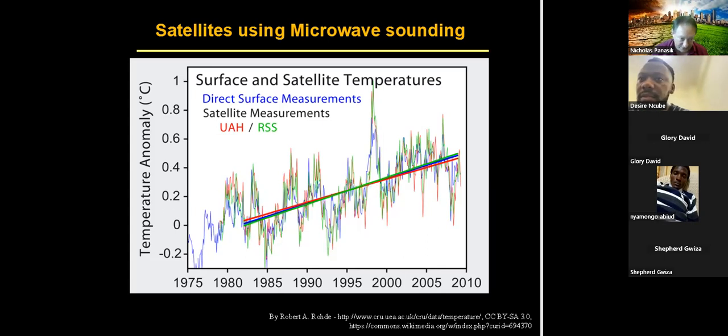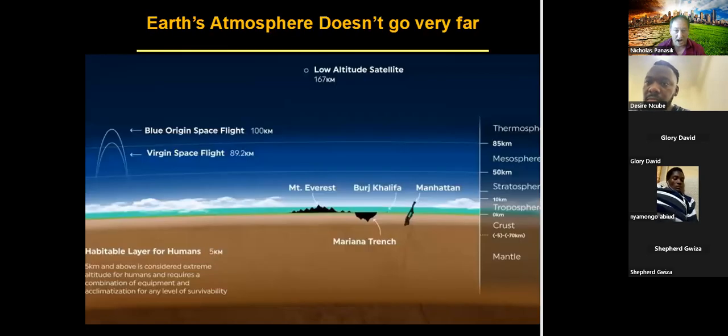It seems to suggest kind of a trend. One of the things, though, that I want to point out when we're talking about the atmosphere, and I think this is really, really important to understand when we talk about the amount of carbon we're shoveling into our atmosphere, greenhouse gases, is that our atmosphere doesn't actually go very far.